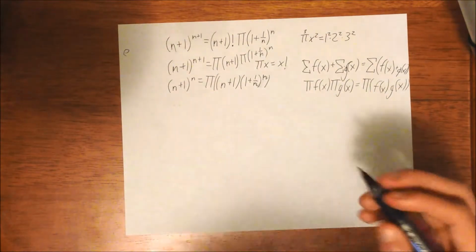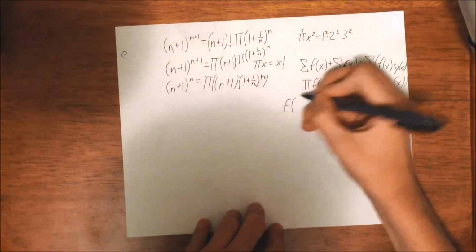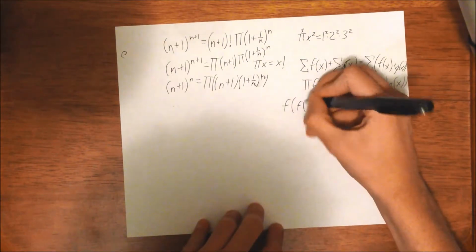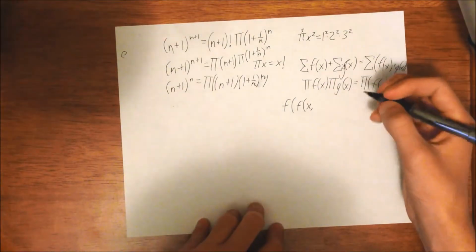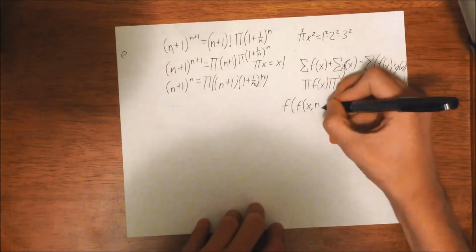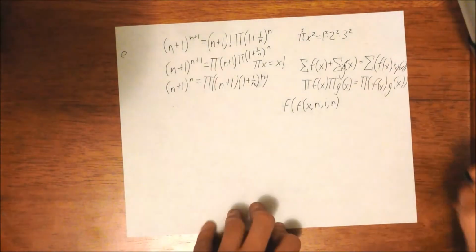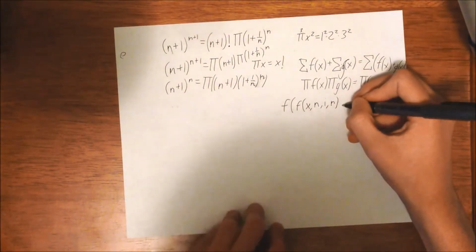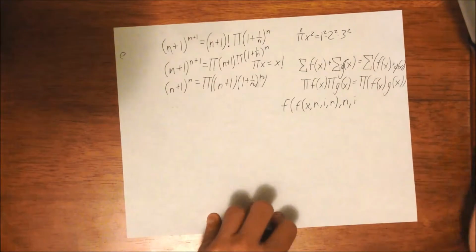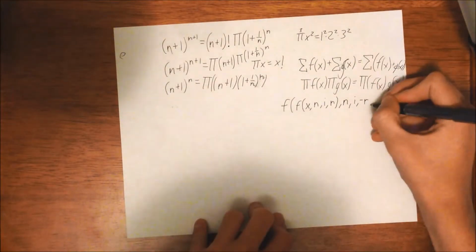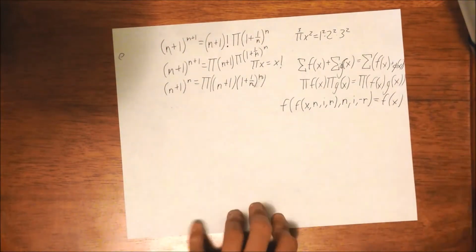Now another thing is that if you have some function of that function, with some grade, some interval, and some repetitions, of the same grade, same interval, and a negative repetition, that's just going to be f of x.